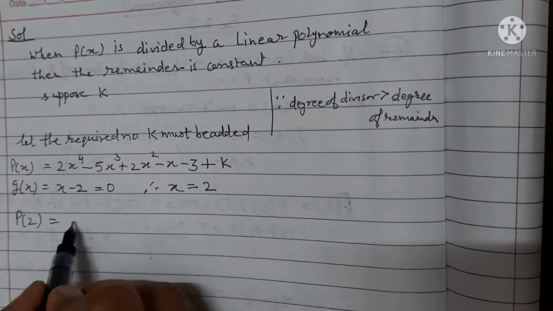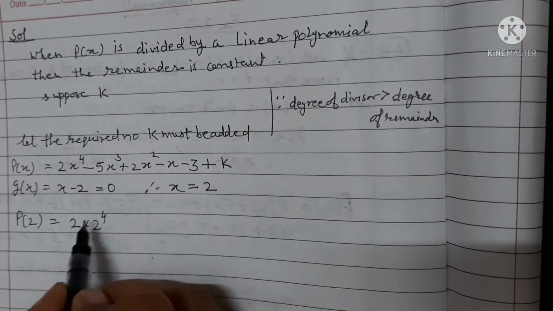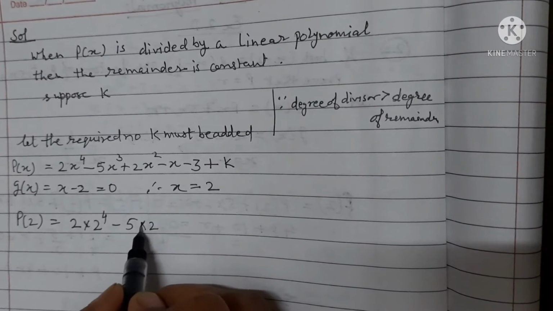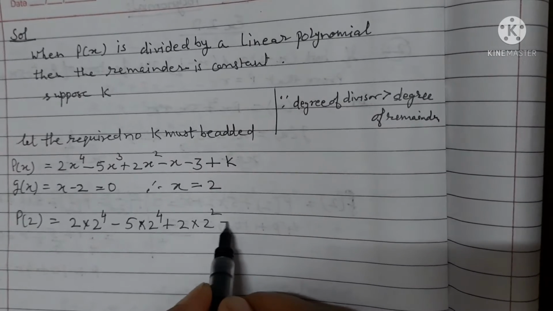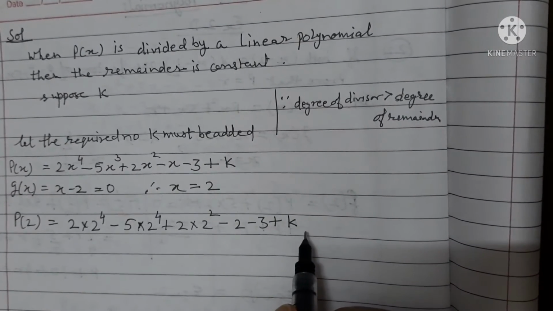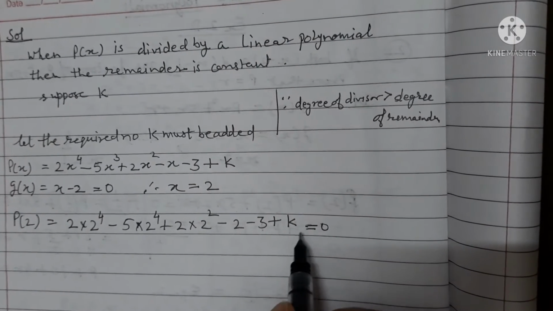P(2) is equal to 2 into 2 to the power of 4 minus 5 into 2 cube plus 2 into 2 square minus 2 minus 3 plus k, and this should be equal to 0 because the remainder is 0.